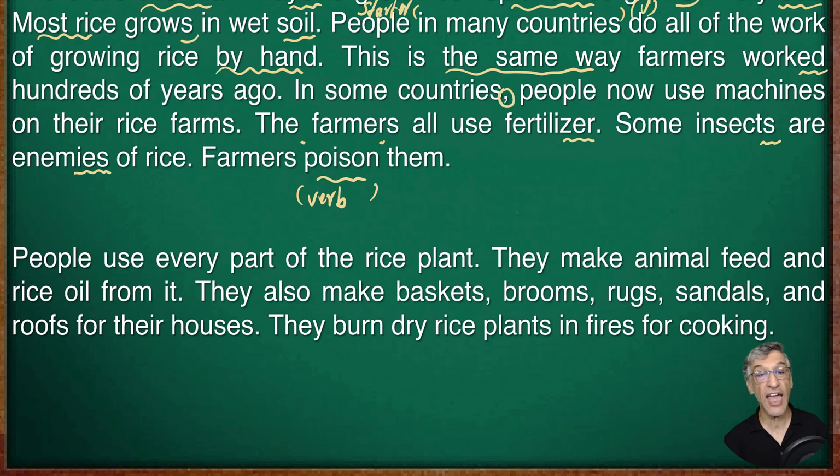People use every part of the rice plant. We have rice plant. This is a phrase, huh? Especially used for rice. They make animal feed. Make animal feed, okay, or anything feed. You can change this part. It is an idiom, of course. And rice oil. You see, rice plant, rice oil, these are fixed phrases for rice.